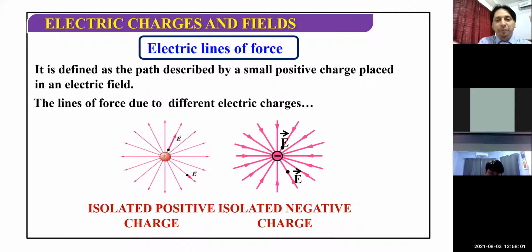What happens if I place a negative charge, minus Q naught, in the field produced by a positive charge or by a negative charge?